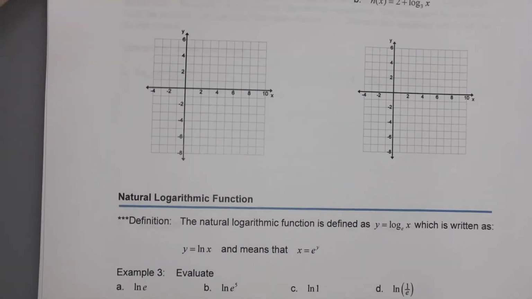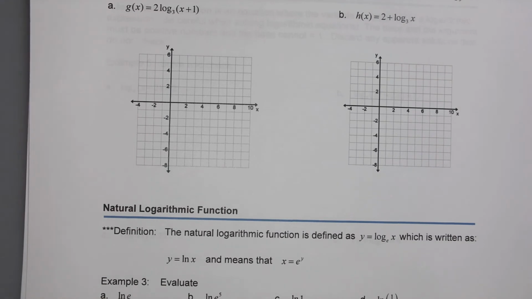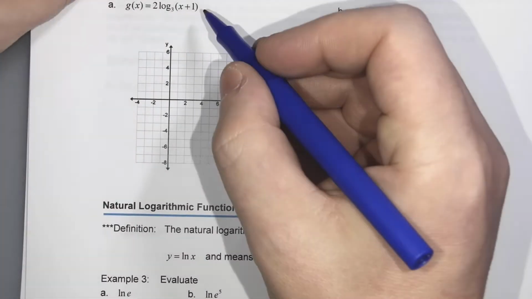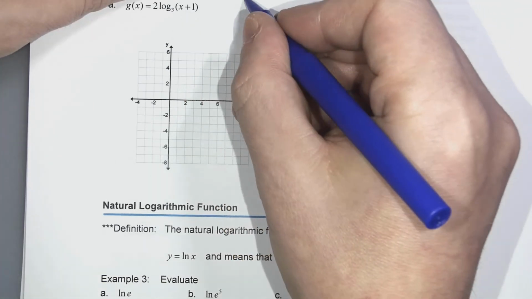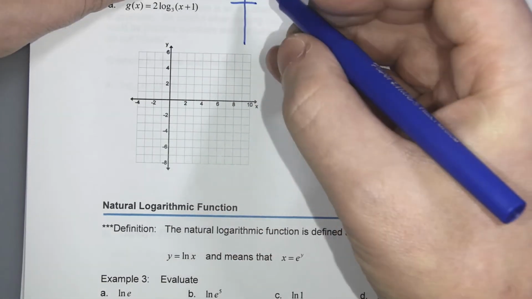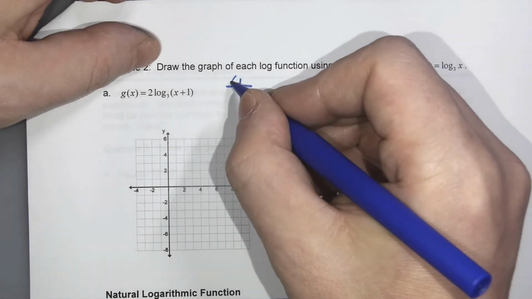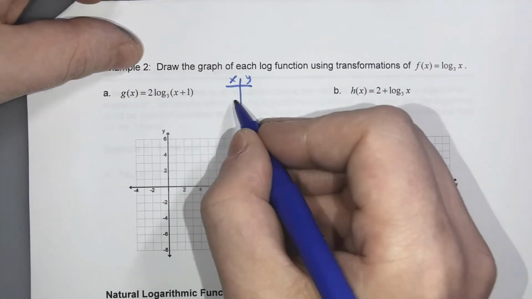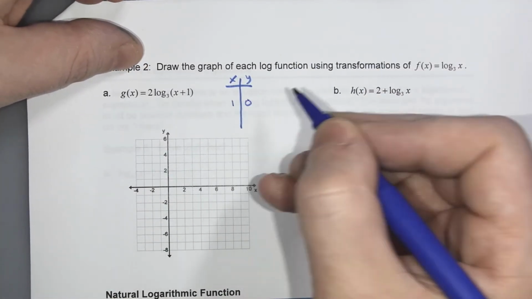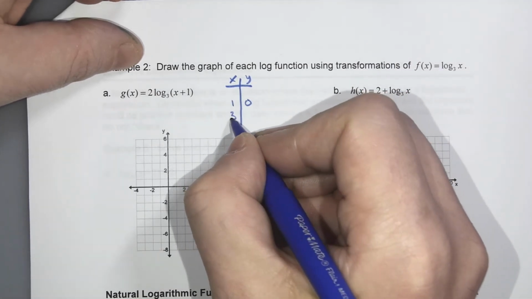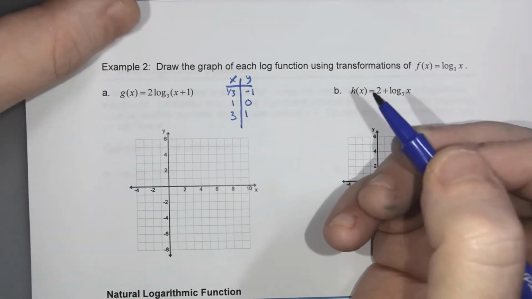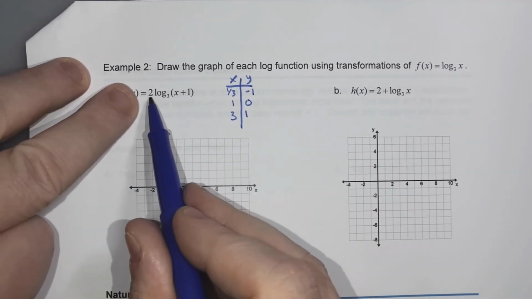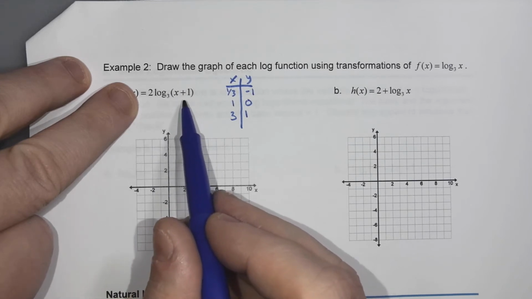Okay, so let's use that to graph a couple of these transformations on functions. Log base 3 of x would normally have a handful of pretty points: (1, 0), (3, 1), and (1/3, -1). However, here we have a doubling, a vertical stretch factor, and a shift left 1.